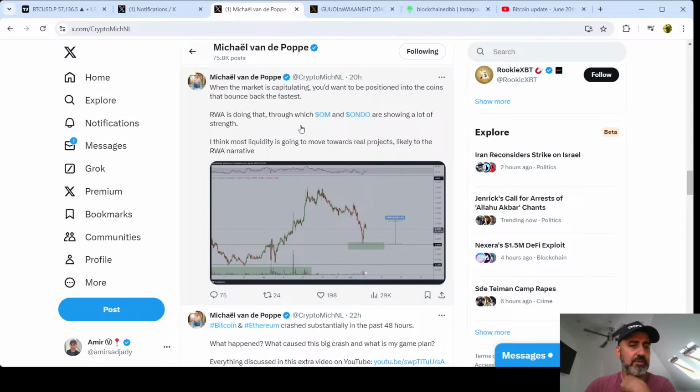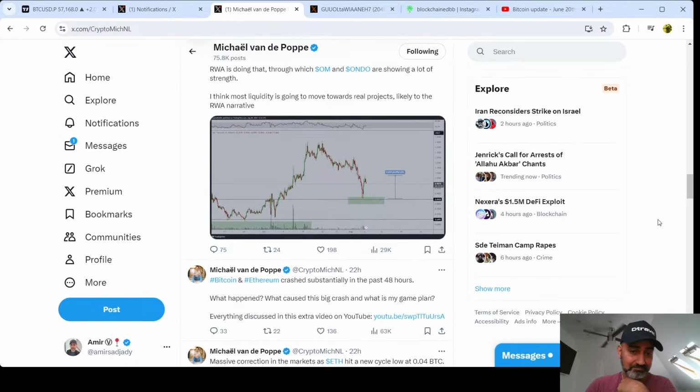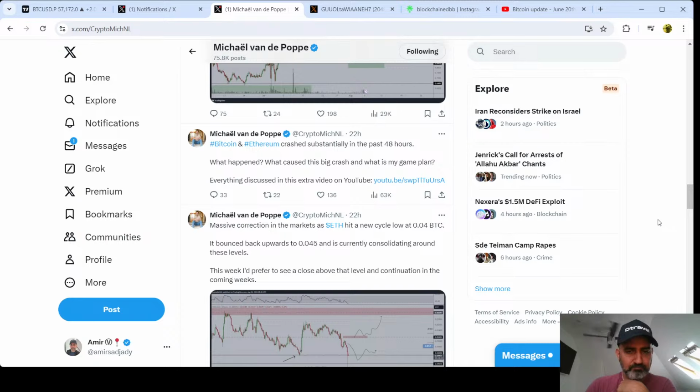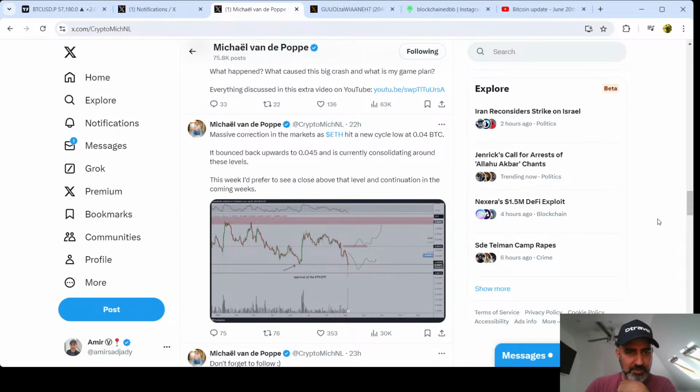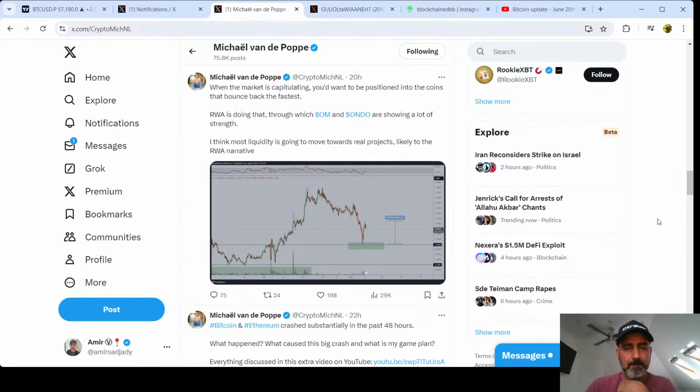RWA is doing that, through which OM and Ondo are showing a lot of strength. I think most liquidity is going to move towards real projects, likely the RWA narrative. Yeah, he's obviously wrong because Solana bounced like a mother, but whatever. He's got his mind on RWA. I'm actually going to share that.